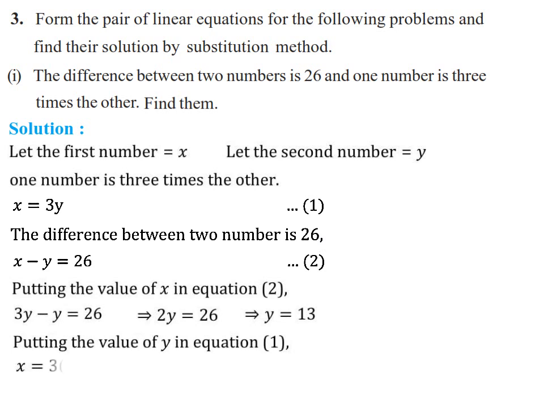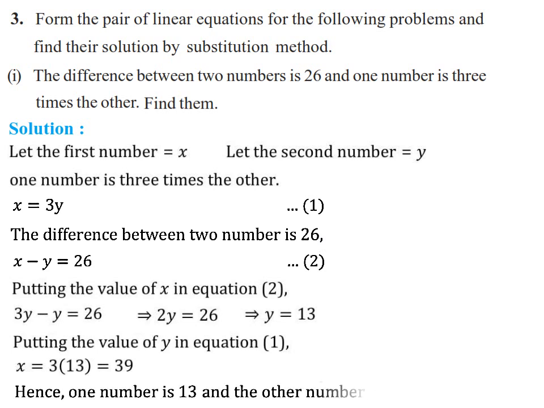So I will get x equals 3 into 13, which equals 39. So you can say here the larger number is 39 and the smaller number is 13, or one number is 13 and the other is 39. So this is the solution of the first question.